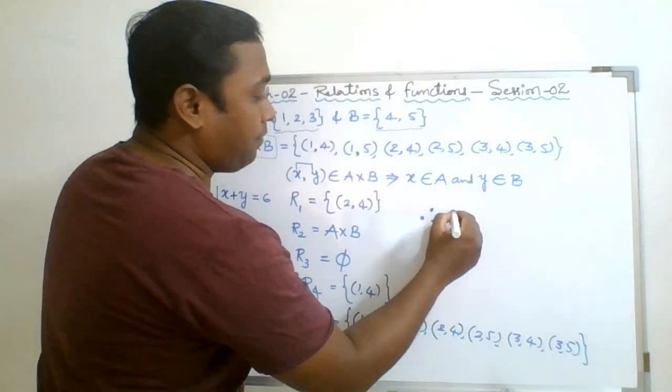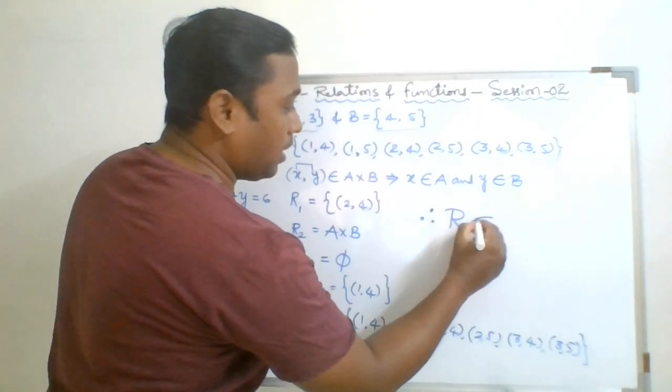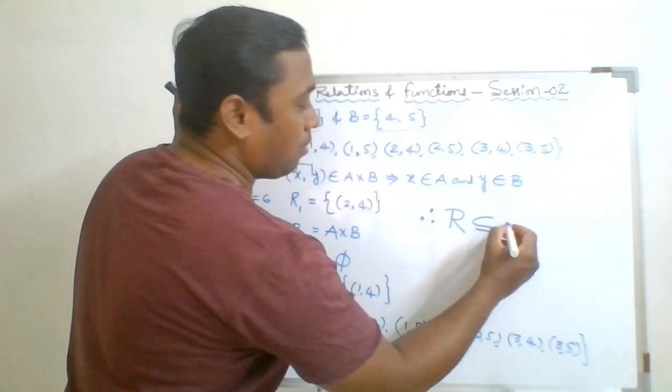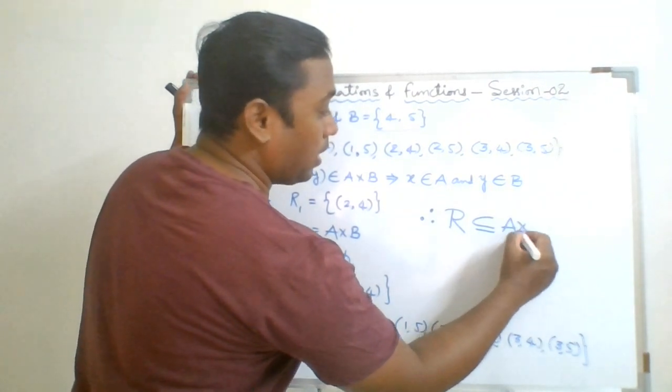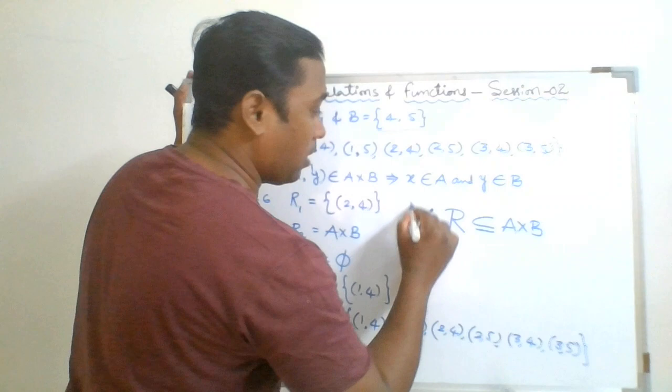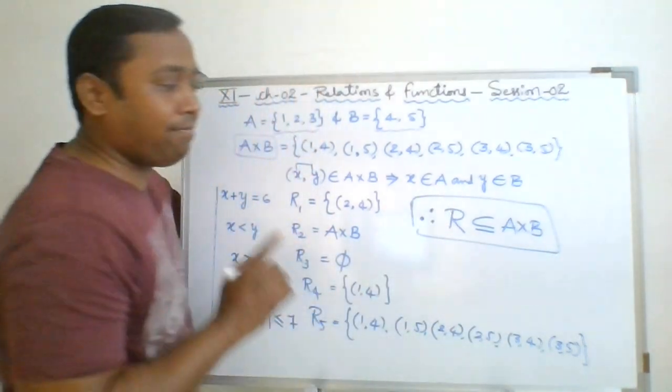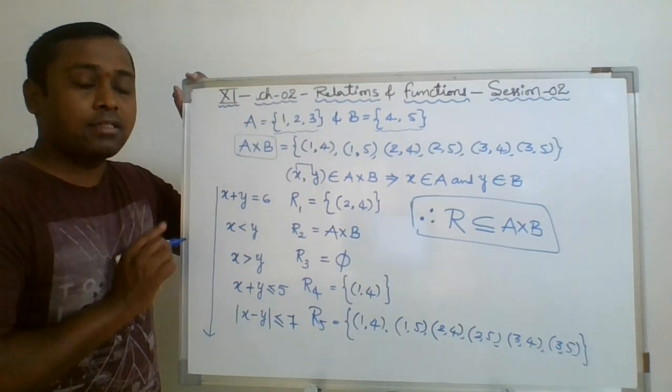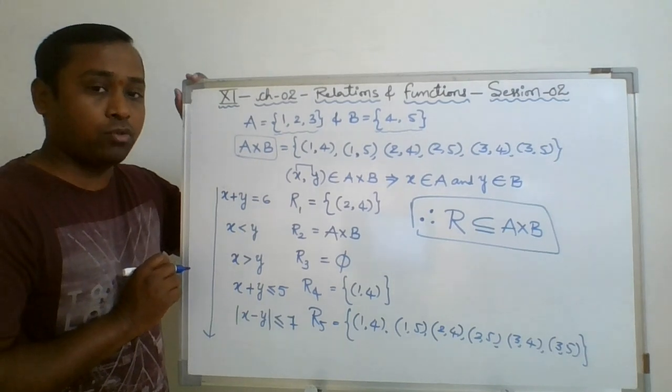Therefore every relation is a subset of or equal to A cross B. Are you agreed?